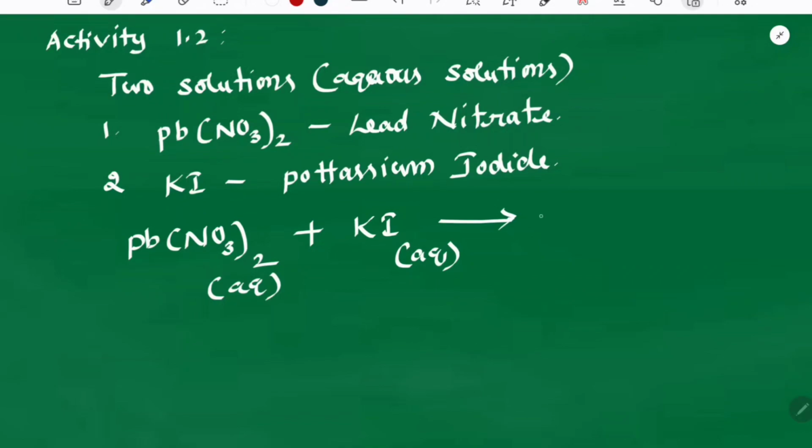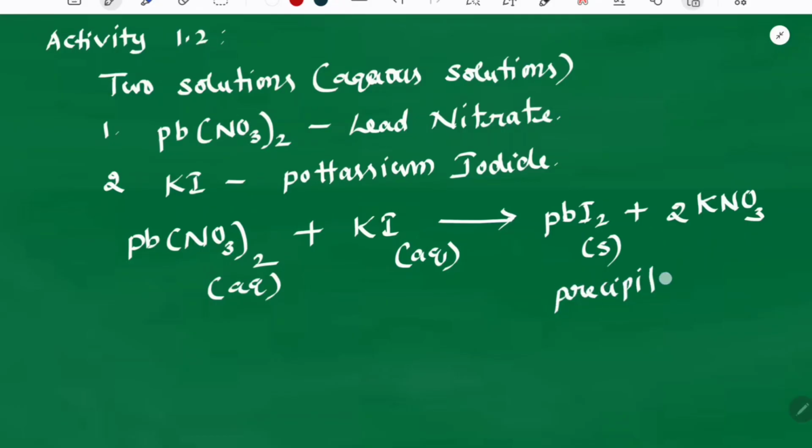Finally, we get lead iodide, and potassium nitrate will form. Which one? Potassium nitrate, KNO3. Here, the lead iodide is a solid substance. Simply we can call it a precipitate.